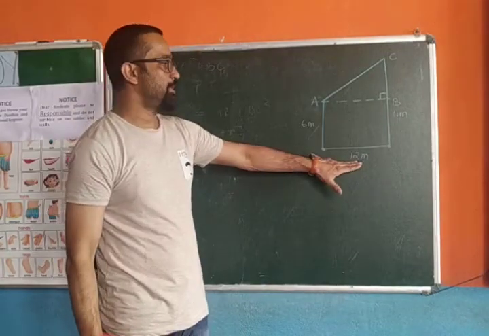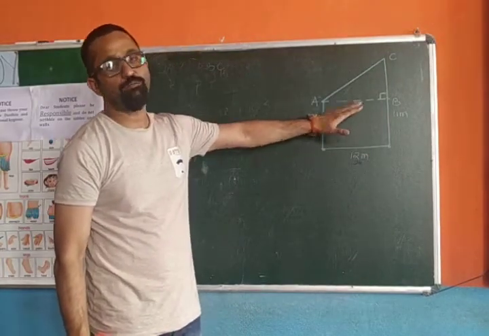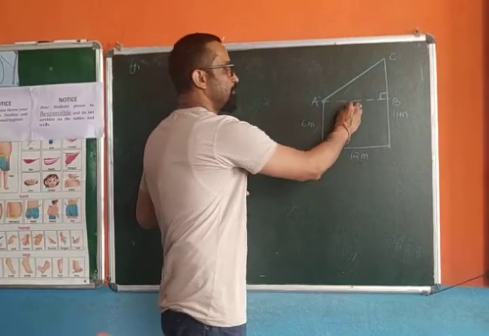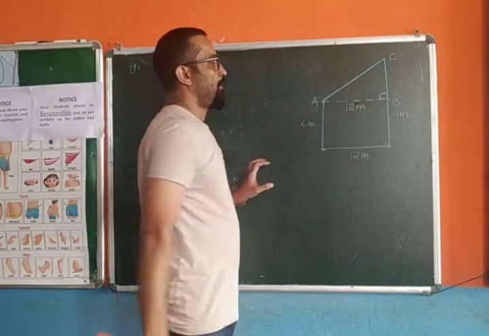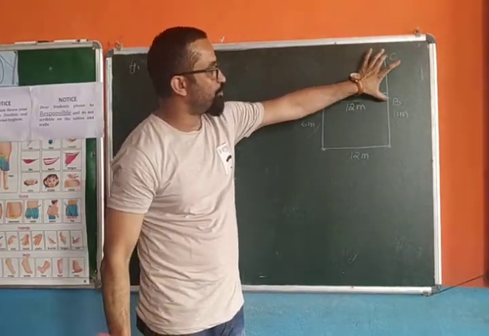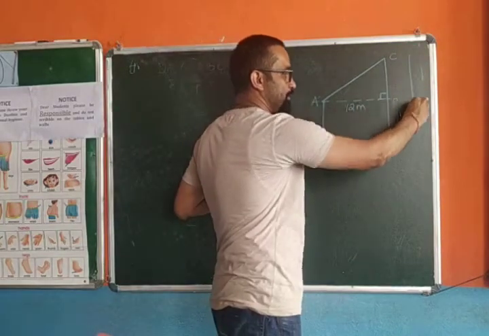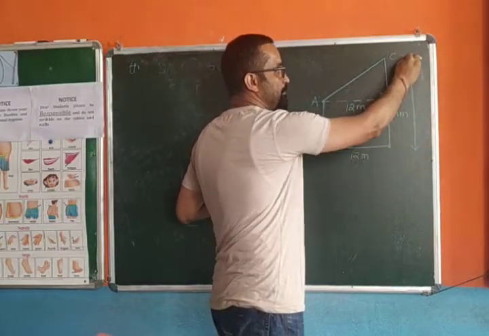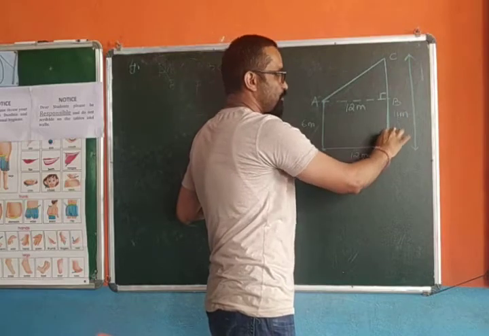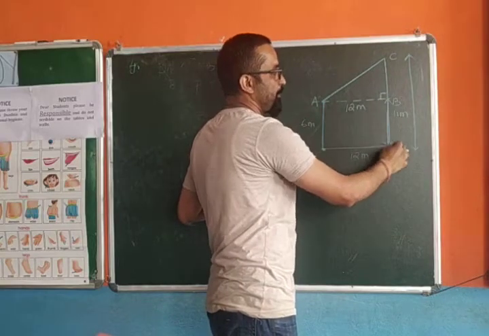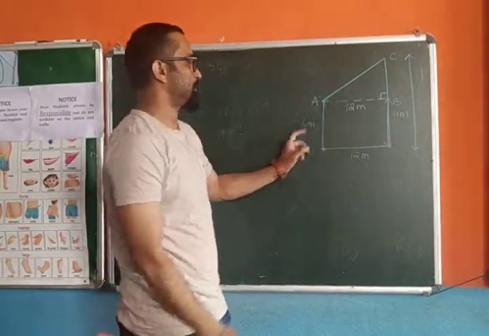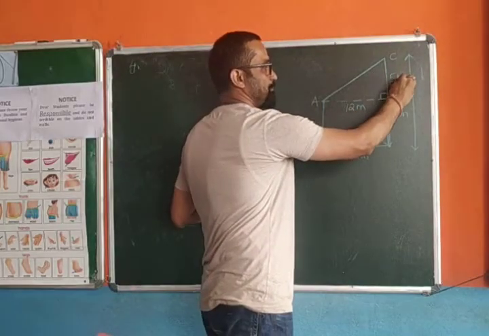This base of 12 meter is equal to AB, opposite sides of a rectangle. We can calculate the perpendicular. The total height of the second pole is 11 meter, the height of the first one is 6 meter, so 11 minus 6 will be 5 meter.